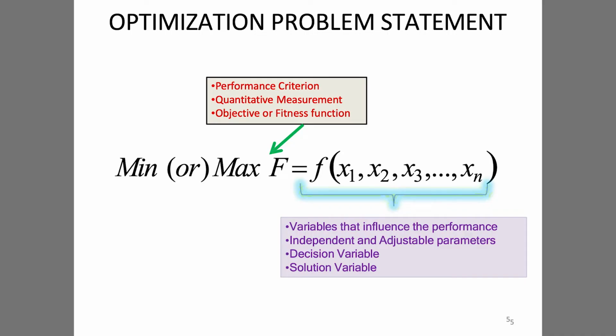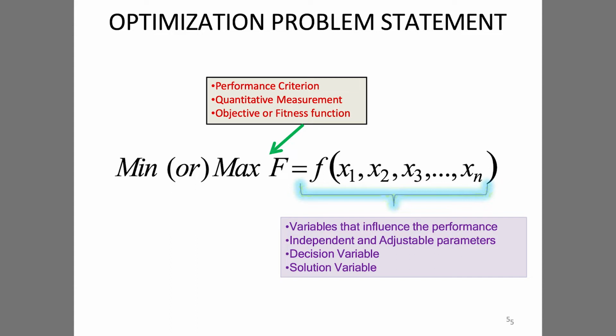Whatever kind of optimization we see in real life, if it is to be solved using a computer, first of all that optimization has to be converted into a mathematical statement. If you look at this presentation, any objective function capital F should be preceded by the word minimize or maximize.